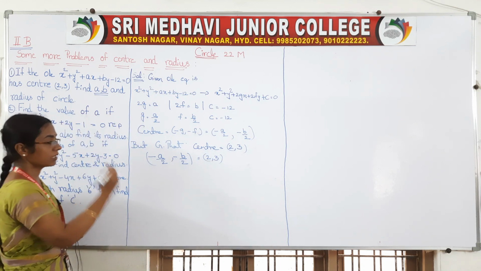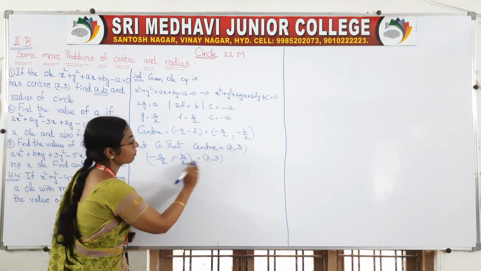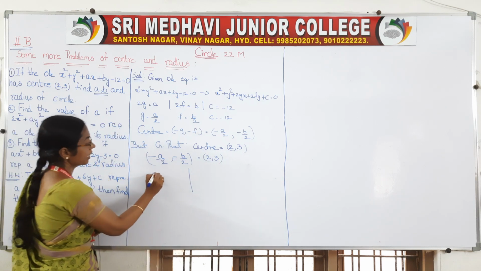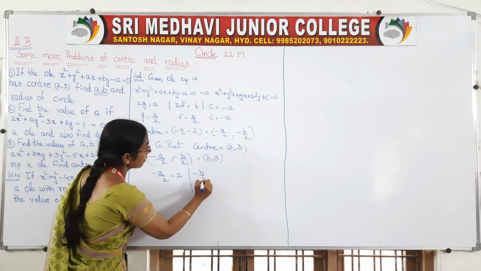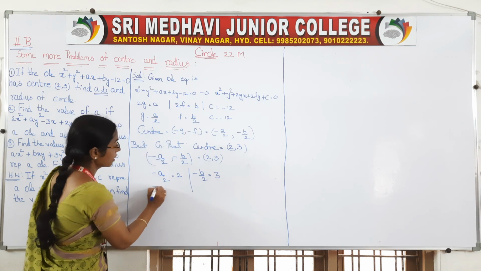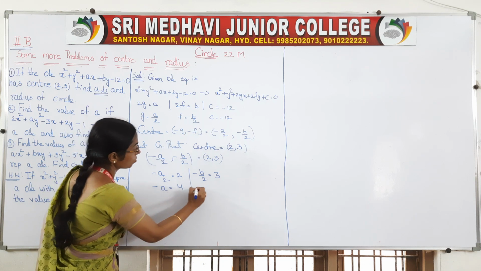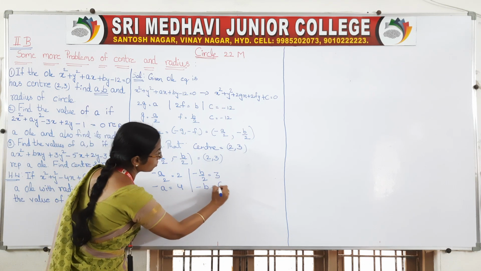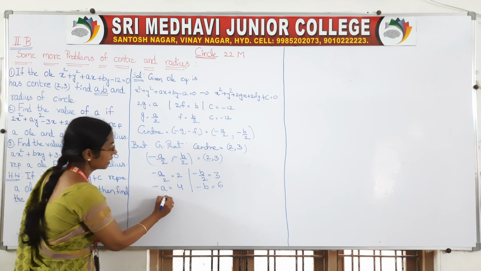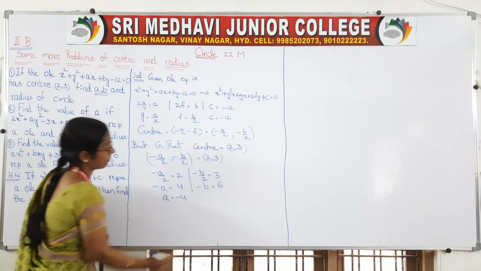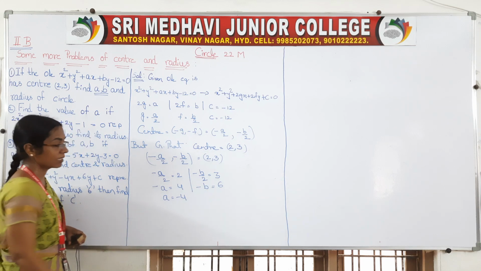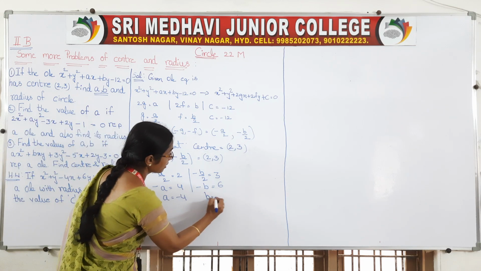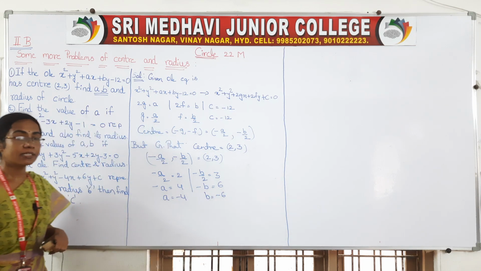Equate x coordinate to x coordinate and y coordinate to y coordinate. Minus a by 2 is equal to 2, minus b by 2 is equal to 3. So minus a is equal to 4, minus b is equal to 6. The question is to find a, not minus a. So multiplying both sides with minus 1, a is equal to minus 4 and b is equal to minus 6.